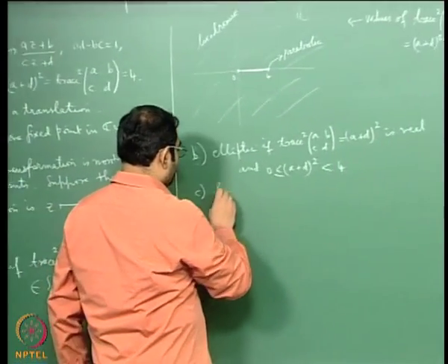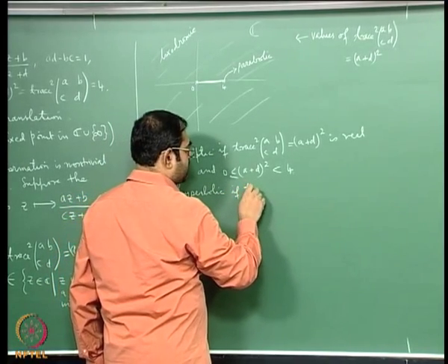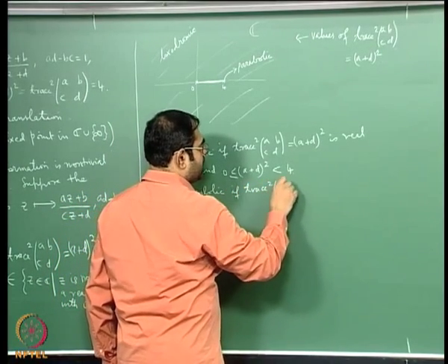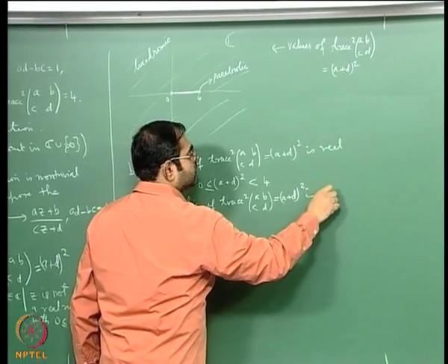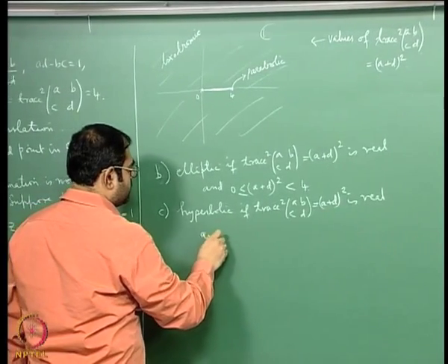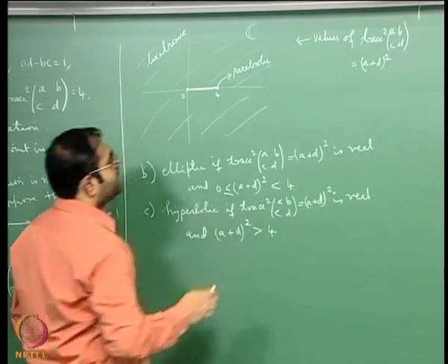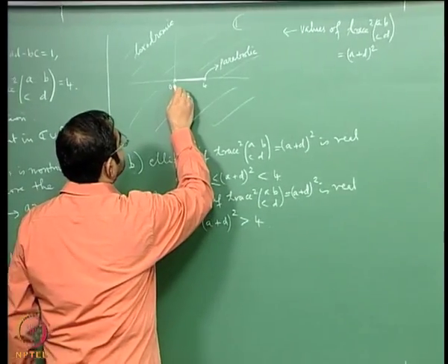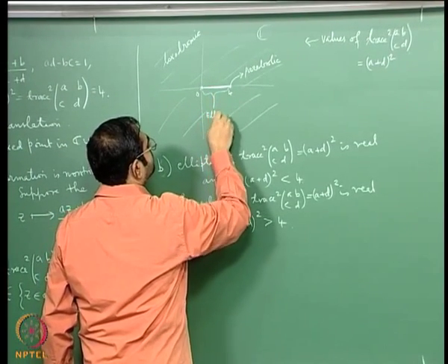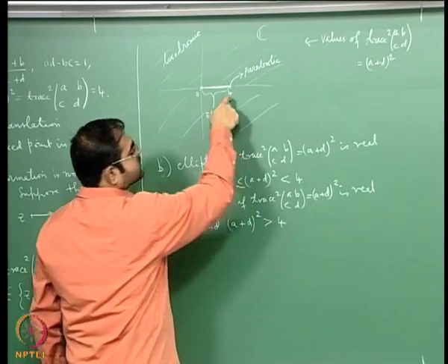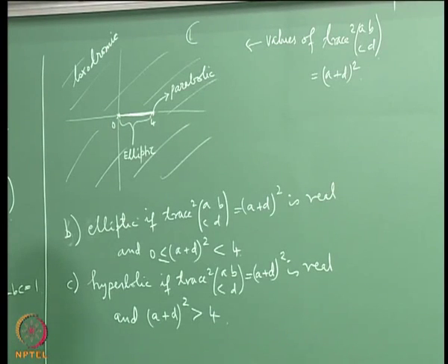So hyperbolic if trace squared of ABCD, which is (a + d) the whole squared, is real and (a + d) the whole squared is greater than 4. So you see this region, it's elliptic, not inclusive of the point 4, but everything from 0 up to something less than 4.